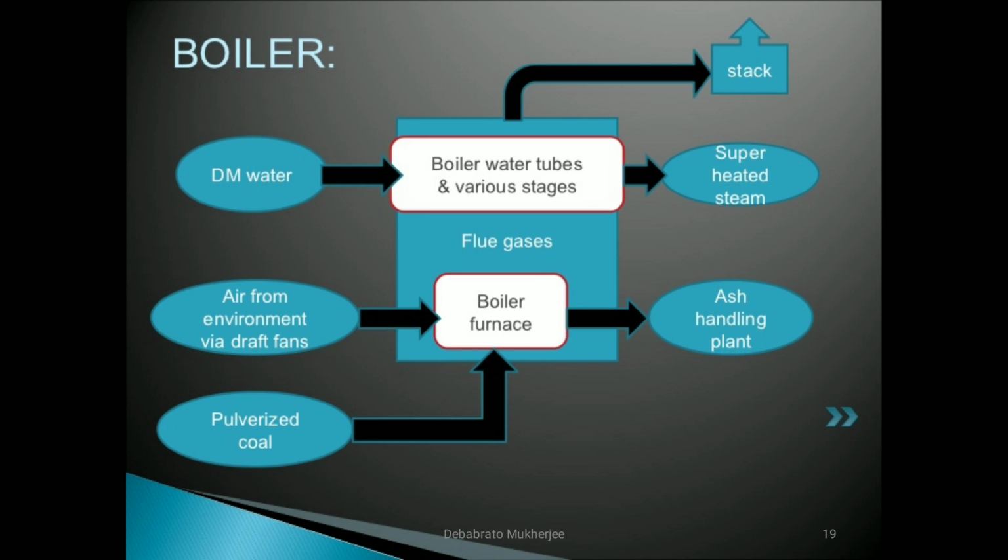This is a boiler furnace. Air from the environment through the induced draft fan, forced air is given to the boiler furnace, and pulverized coal from the bottom end is injected in the boiler furnace. This is the part. Superheated is from this.